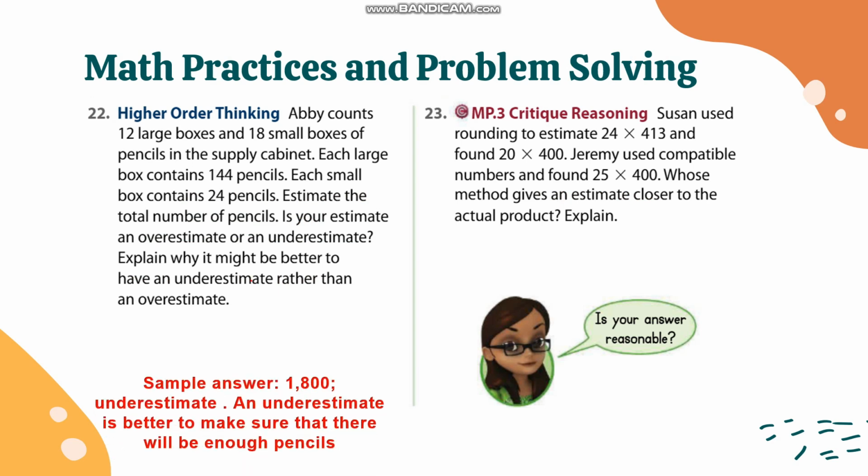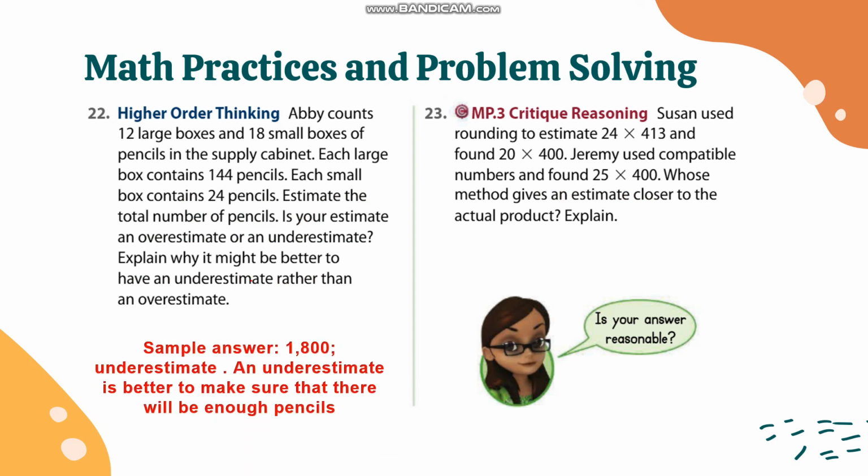So the answer is 1,800, and that is an underestimate. So an underestimate is better to make sure that there will be enough pencils. Number 23. Susan used rounding to estimate 24 by 413 and found 20 multiplied by 400.